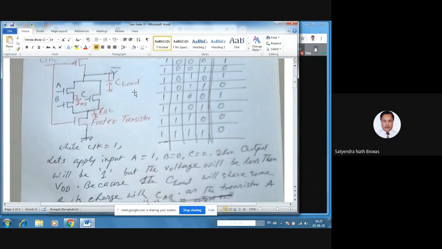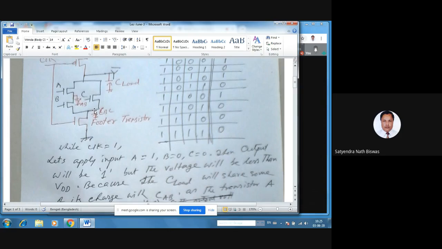And if we do this kind of operation several times, the voltage at this load capacitance decreases a little bit because of the charging of CAB.